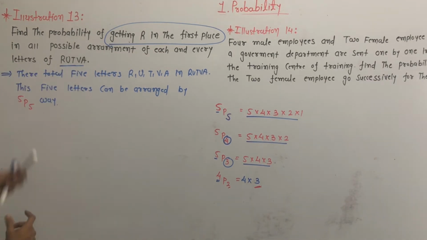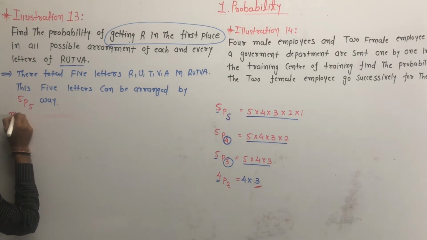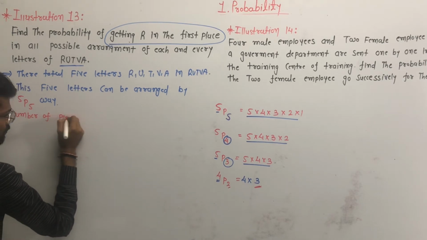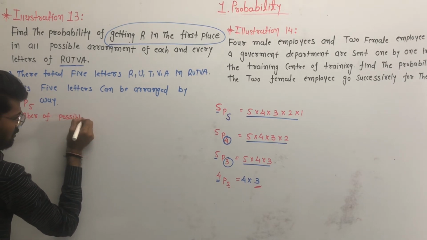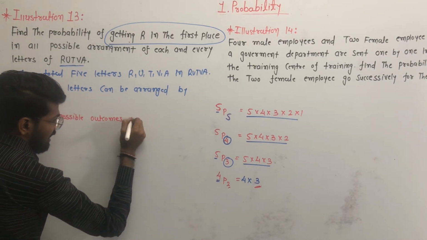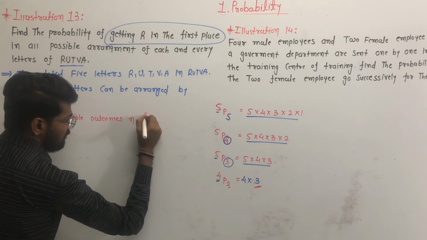So 5p5a. These 5 letters can be arranged by 5p5, so our number of possible outcomes n is equal to 5p5.